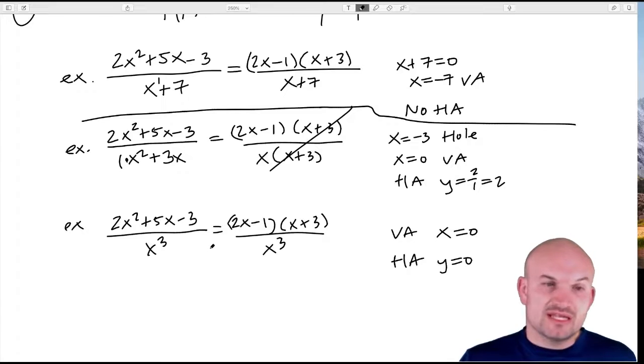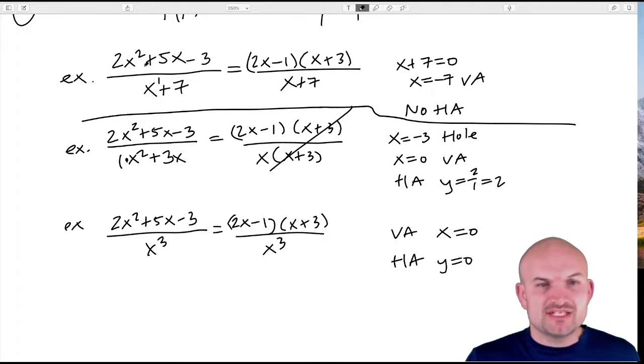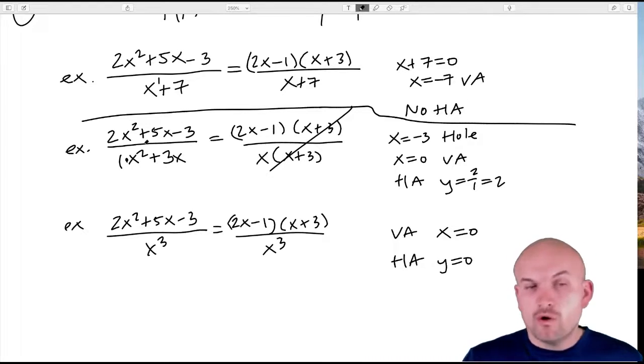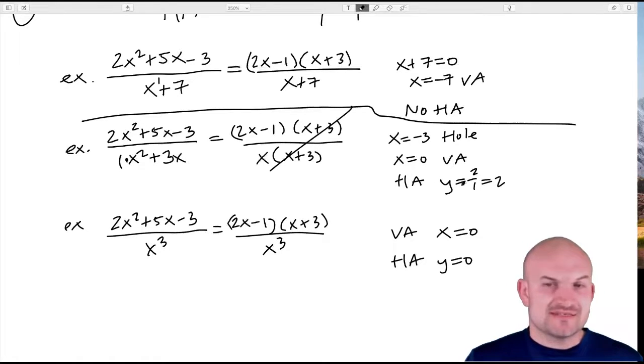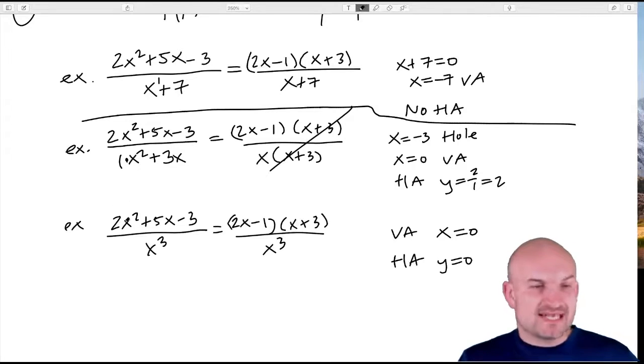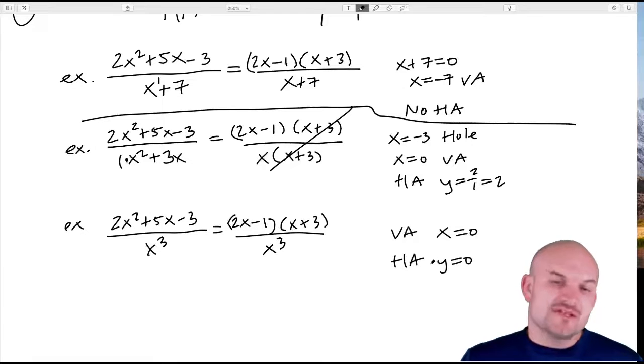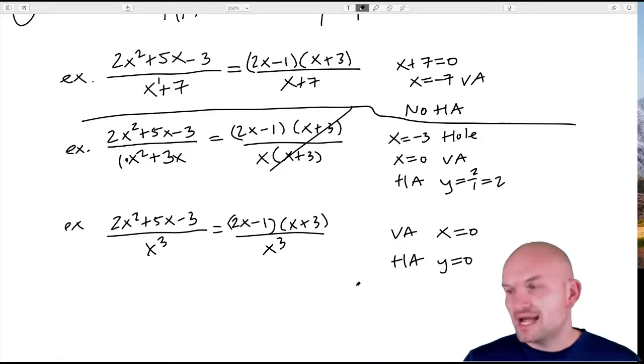As far as the horizontal asymptotes go, you're basically just going to be comparing the degrees. Either the degree in the numerator is larger than the degree in the denominator, therefore there is no horizontal asymptote, or the degree in the numerator is equal to the degree in the denominator, therefore the horizontal asymptote is the leading coefficient over the leading coefficient. Or in the last example, the degree in the numerator is smaller than the degree in the denominator, so therefore the horizontal asymptote is at y is equal to 0.